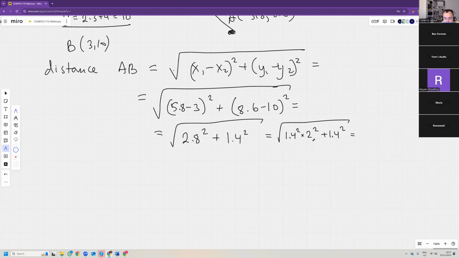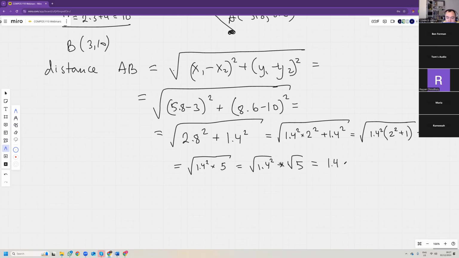And now I have a common factor, 1.4 squared, open bracket, 2 squared plus 1. And then I have square root of 1.4 squared times 2 squared plus 1, that's 5. So square root of 1.4 squared times square root of 5, which is 1.4 square root 5.